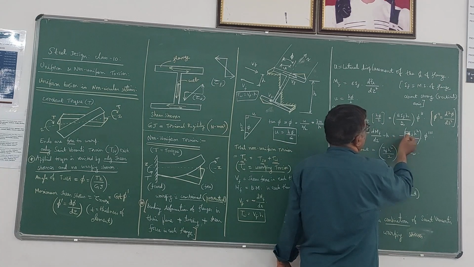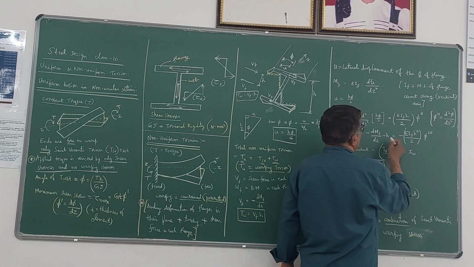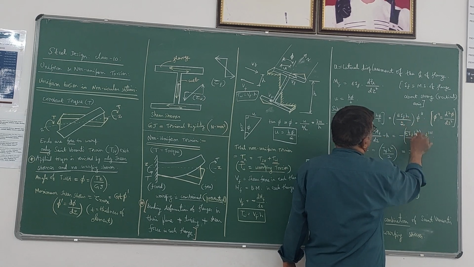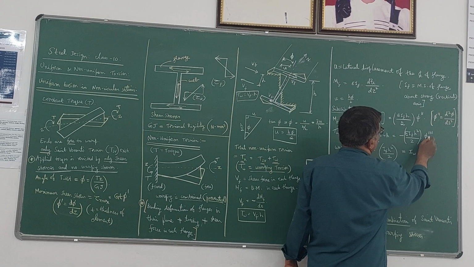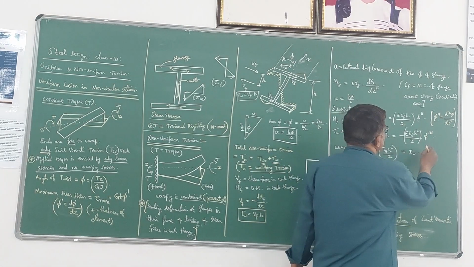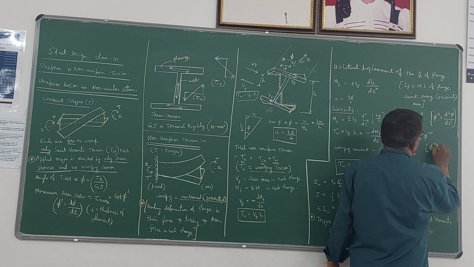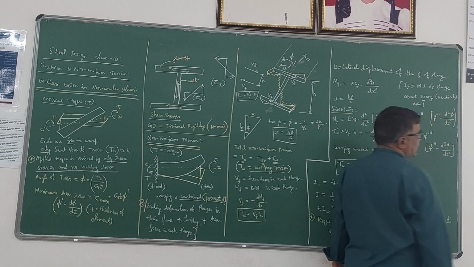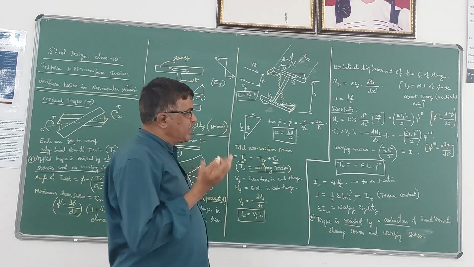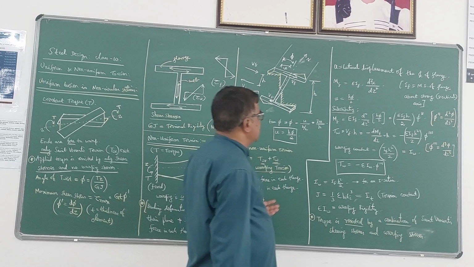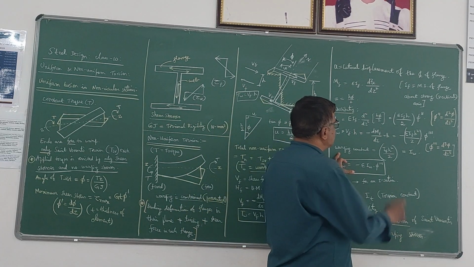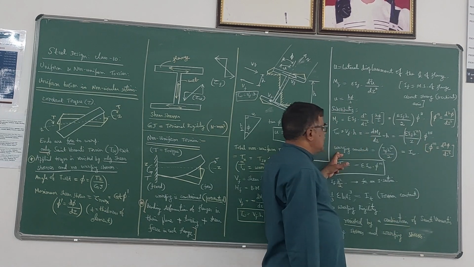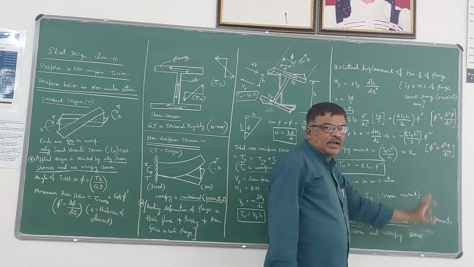If you take that h outside also, you can write this expression as minus E into IF into h square divided by 2 into phi triple dash, where phi triple dash is nothing but d cube phi by dz cube, because that angle phi varies with respect to z. Now this term, IF into h square by 2, is called the warping constant, denoted by IW.